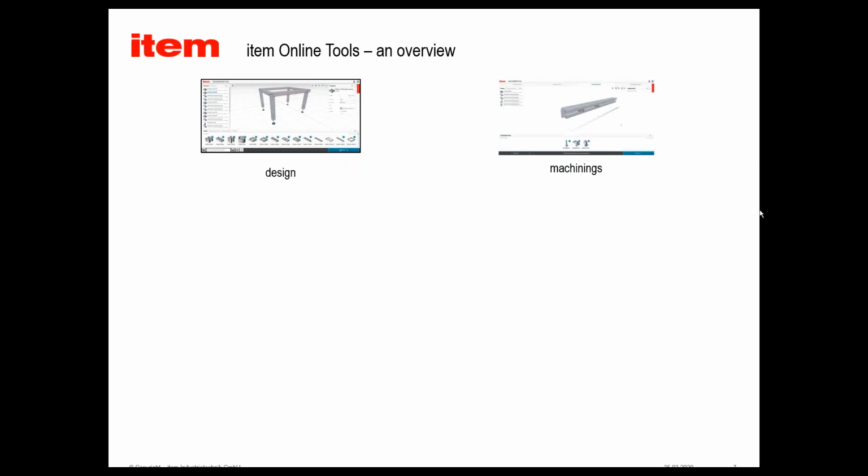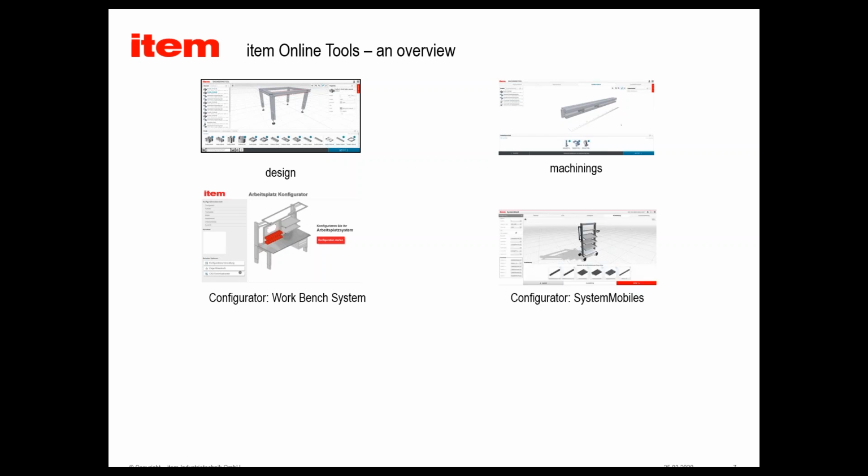Then the item machining tool, which allows you to take a profile bar, add fasteners and the machinings which you need in one profile. We are offering 2 configurators, one for our workbench system and one for our system mobiles, which are little carts which you can put onto your shop floor.